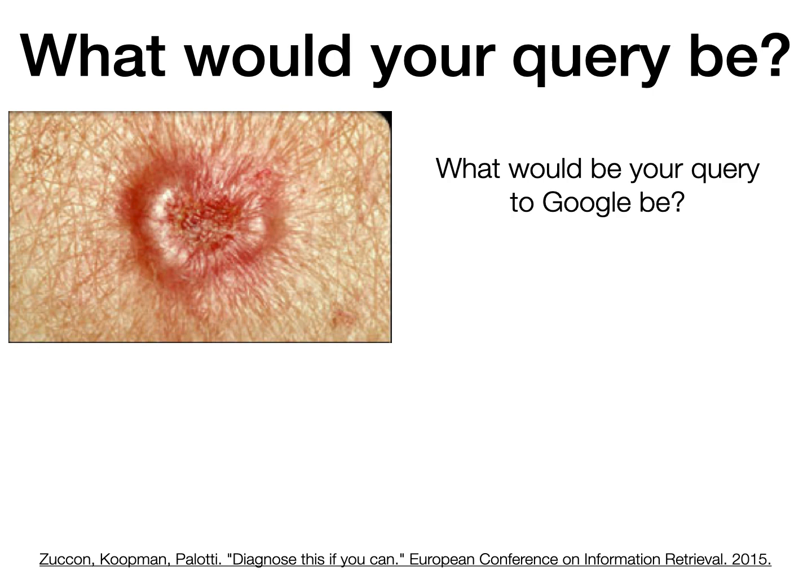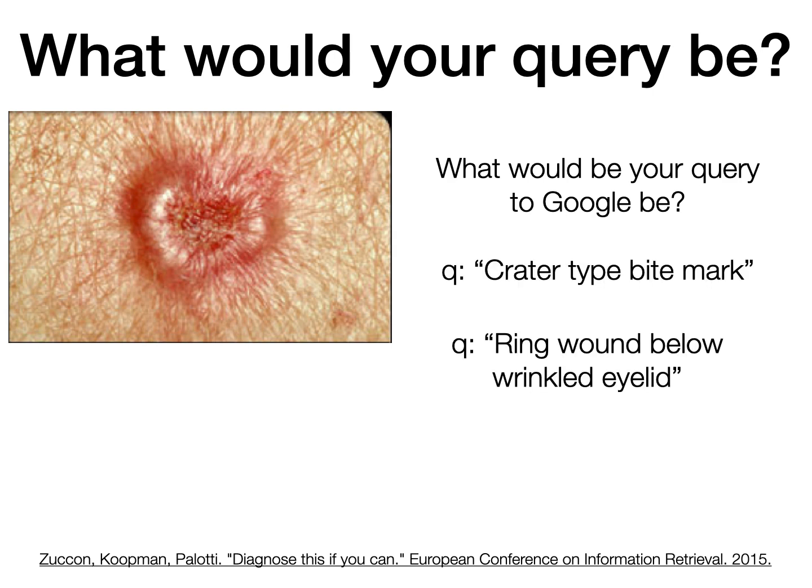Well, it turns out that indeed often people are not effective in formulating queries for such cases. So, for example, in some research we have done where we used images like these, we found people would type queries like crater type bite mark or ring wound below wrinkled eyelid. And these are not good queries.